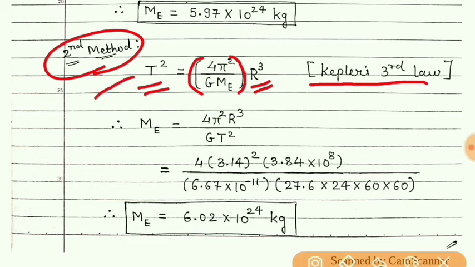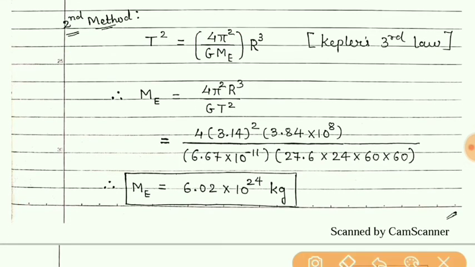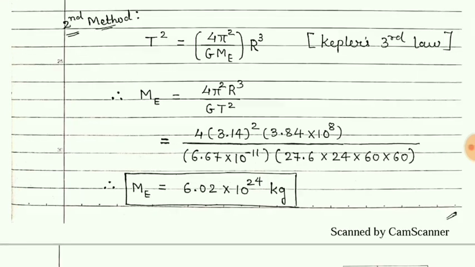This time period of revolution is for the moon around the earth. So the mass of the earth is to be taken. Now here also simply make this the subject Me. So Me will move here and this T square will come in the place of Me. So you will get this equation.